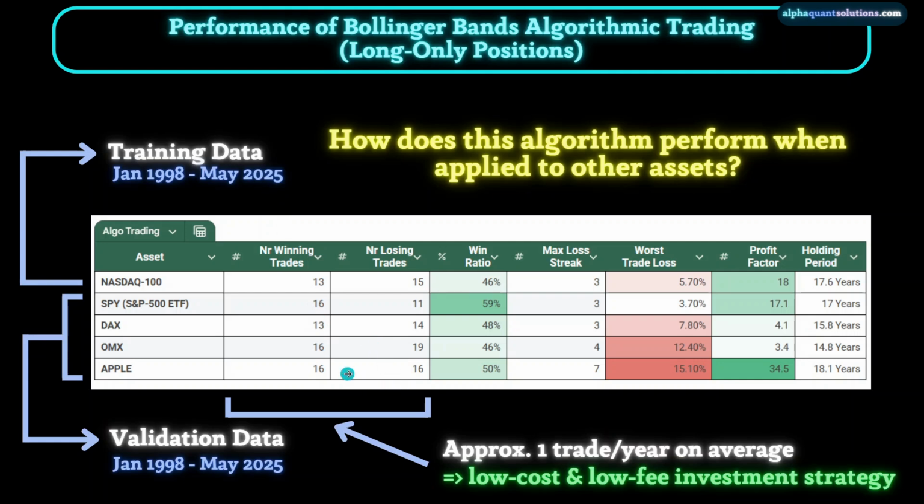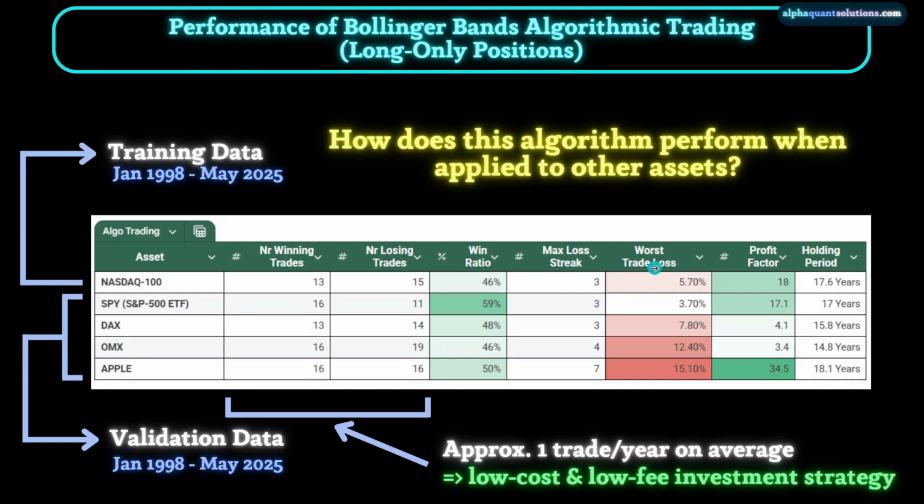What we see roughly in terms of number of winning and losing trades and win ratio is more or less in the same range for these three new assets, so 48, 46, and 50%. The max loss streak starts to really increase for Apple, with a value of 7.